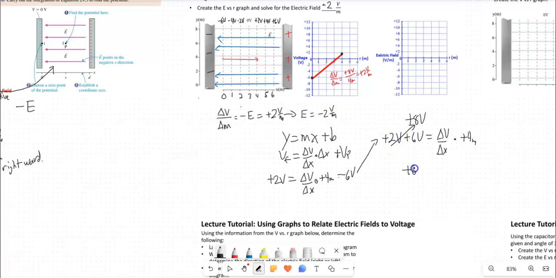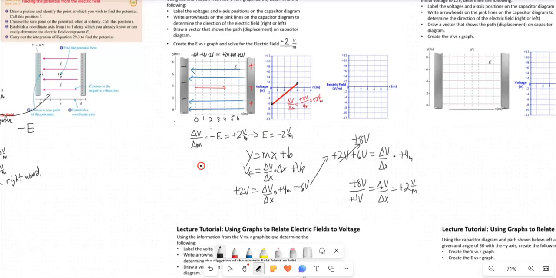So we're going to get positive 8 volts divided by positive 4 meters, and that is our change in voltage over change in X, which is just going to be positive 2 volts per meter, right? So that's another way to do this.